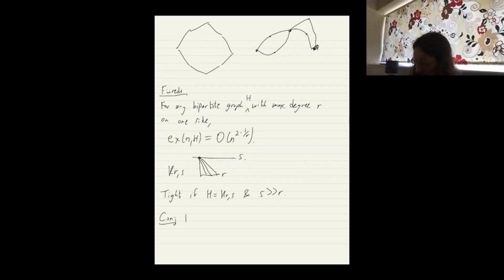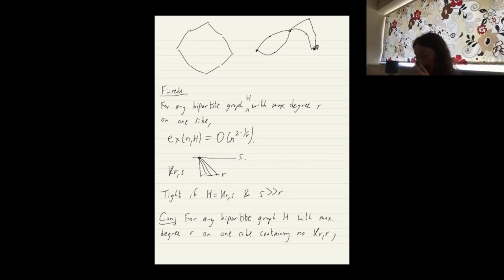Again, the situation is almost the same. For any bipartite graph H with max degree r on one side, containing no copy of K_{r,r}.